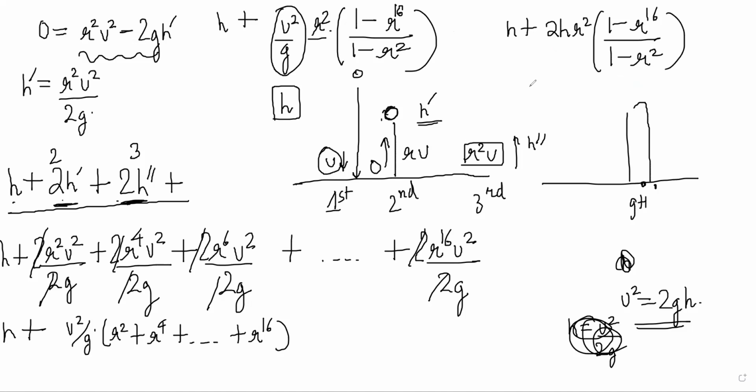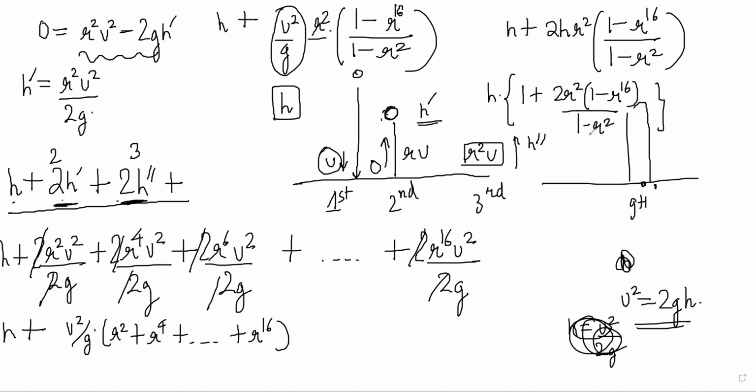So you can take h common and all. Net distance traveled by the ball to the impact. Okay. H common, you have 1 plus 2r square, 1 minus r power 16 by 1 minus r square, right?